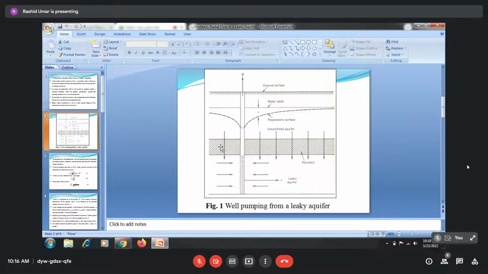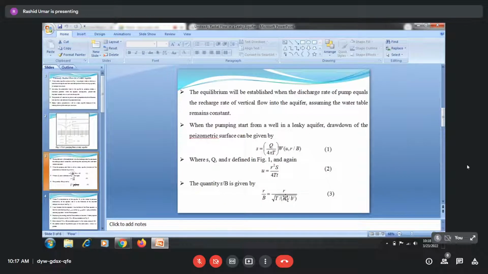So for the aquifer in question where we are conducting the pumping test, we have to determine the hydraulic conductivity of the aquitard, represented by K dash, and the thickness of the aquitard, represented by B dash. So this is what r by B is given by.